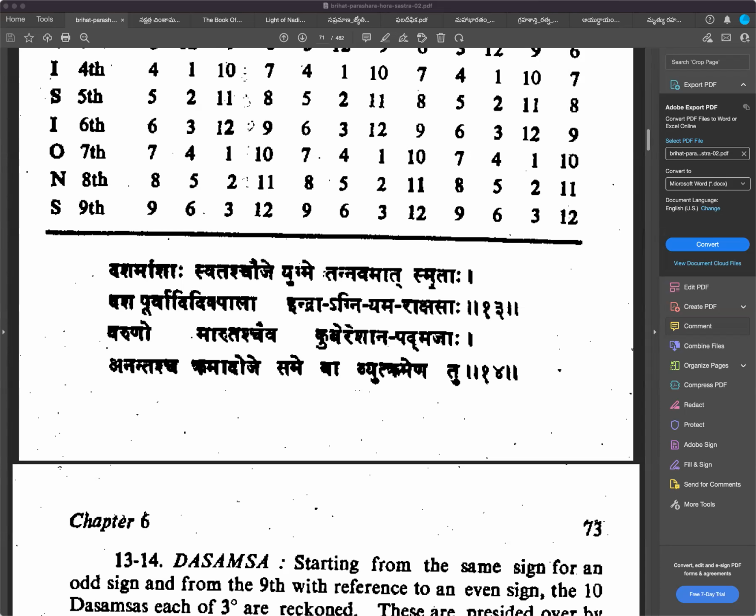So people who are having many planets in Chara signs, Chara Rasis, can we say their chart is good? So no, I'm not saying any good or bad. It is the quality, the nature of the person will acquire. Chara Rashi means they are easy to move.